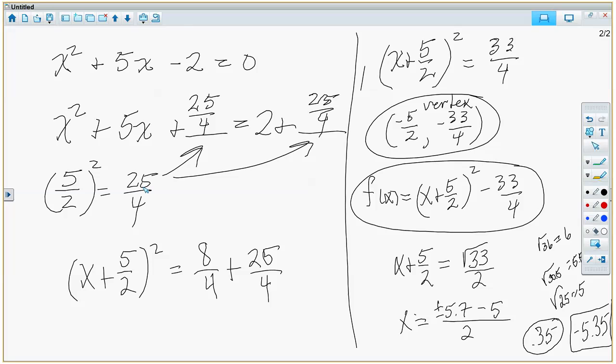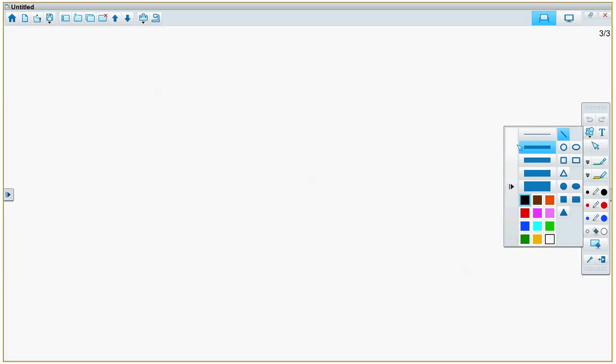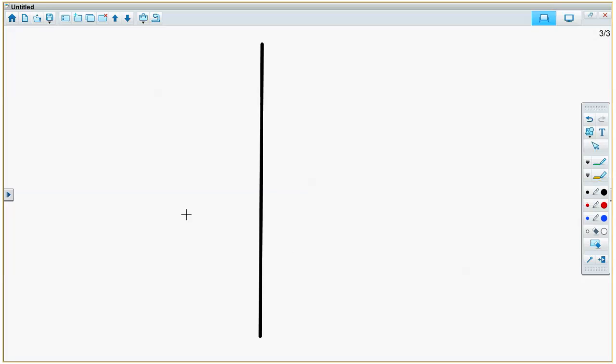So I'm going to go to the next page, and y'all going to tell me the numbers, because I'm not going back and forth. Let me take my handy-dandy virtual straight edge. Tell me what the y-intercept is. Negative 2. What are the x-intercepts? 3.5 and negative 5.3.